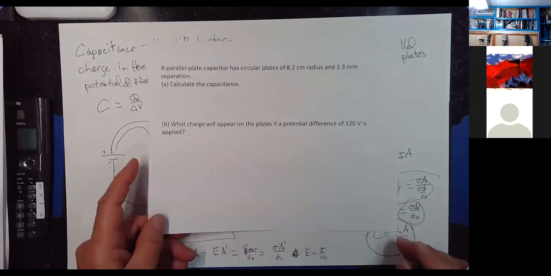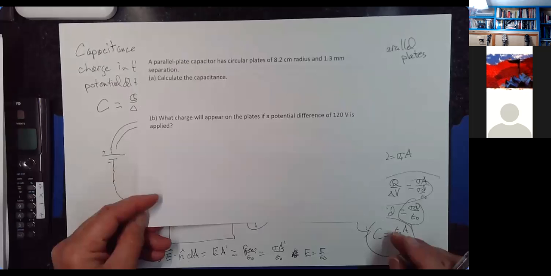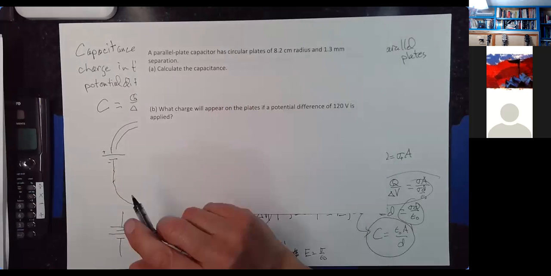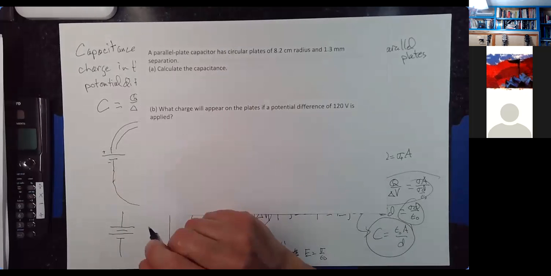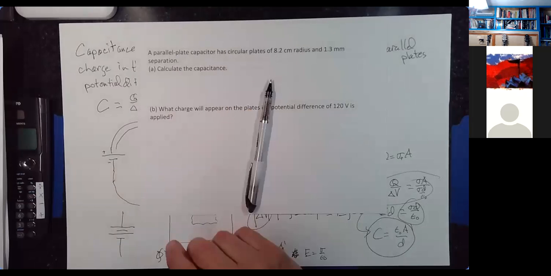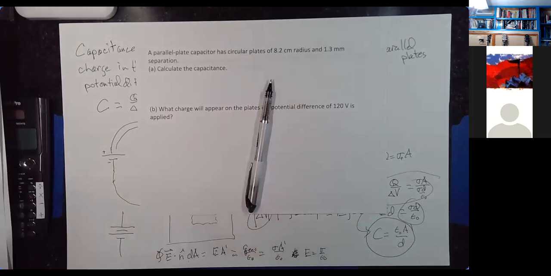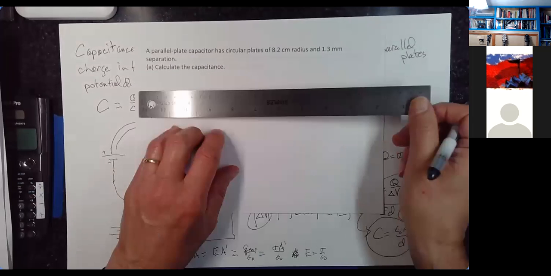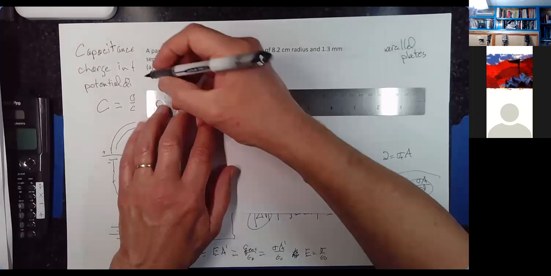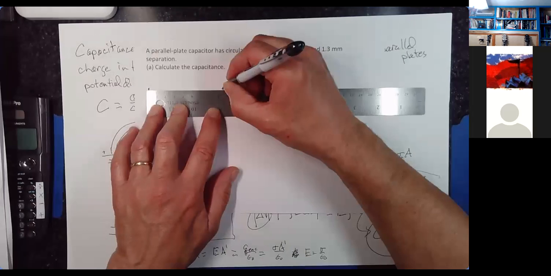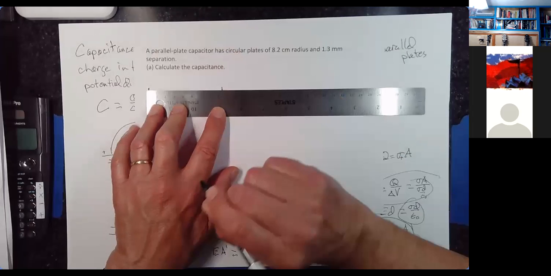Okay, let's suppose we have a parallel plate capacitor with circular plates of 8.2 centimeter radius and a 1.3 millimeter separation. So here's 8.2 centimeters, and that's just the radius of them.